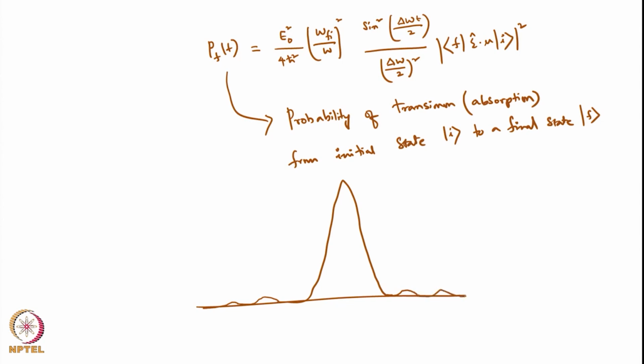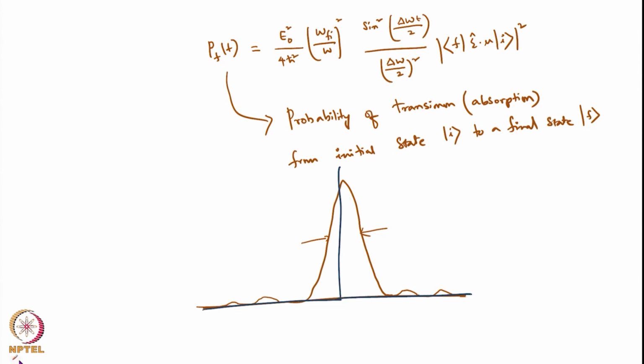Something like that. Now, one interesting fact is that this has got a width, and this width has some important consequence. We will go to the line widths and then we will discuss this.